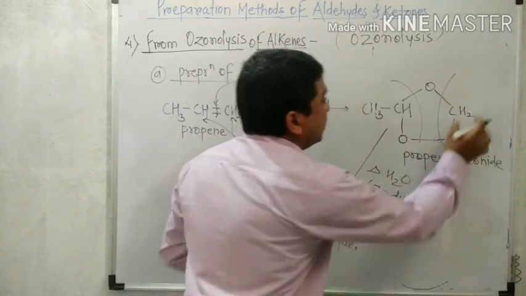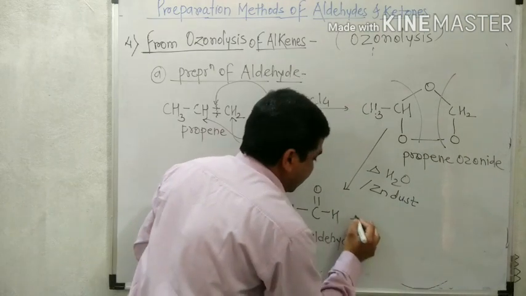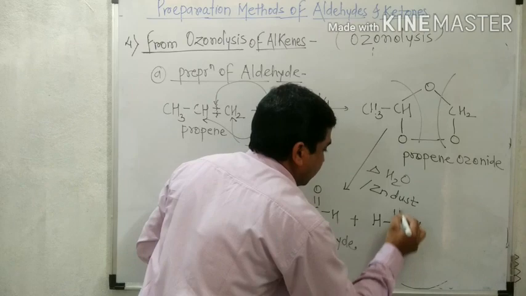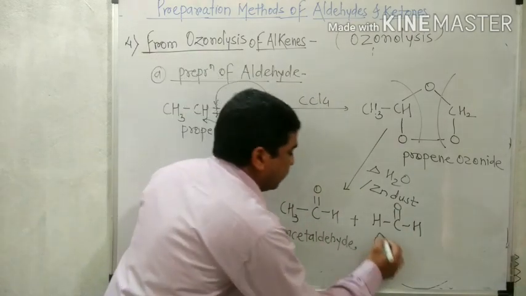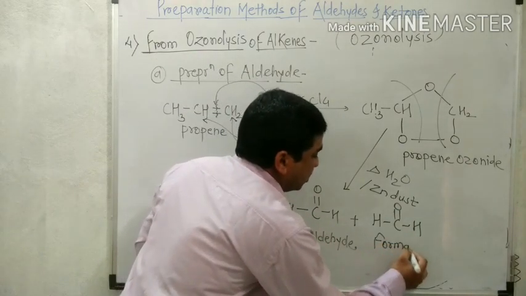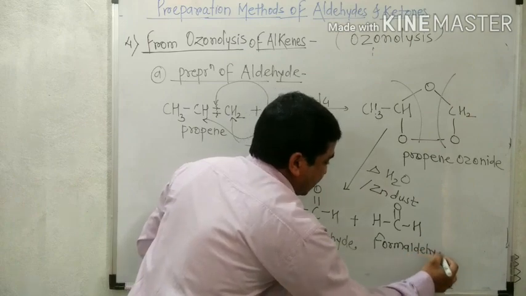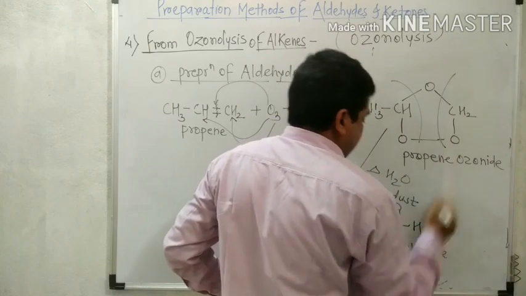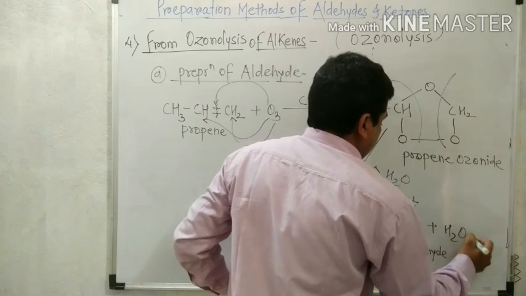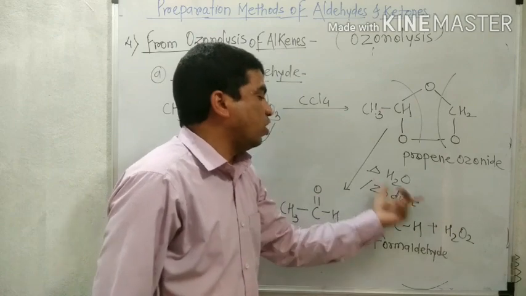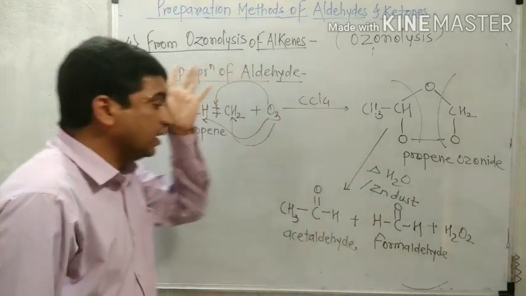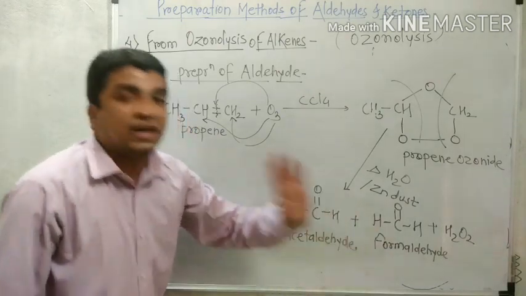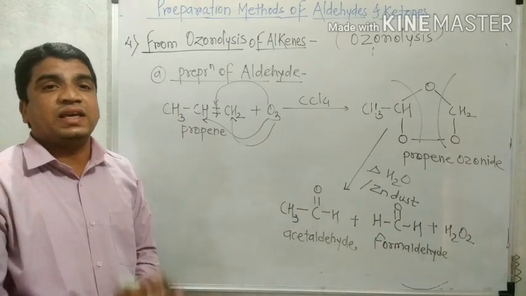The second molecule is CH2O, that is CH2=O, the formula of formaldehyde. Here two different aldehydes are obtained as products. The remaining H2O and oxygen form H2O2, and then H2O2 is destroyed by zinc dust. That is the second reaction. So here propene is converted to acetaldehyde and formaldehyde in this way.